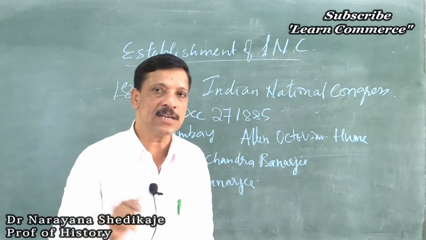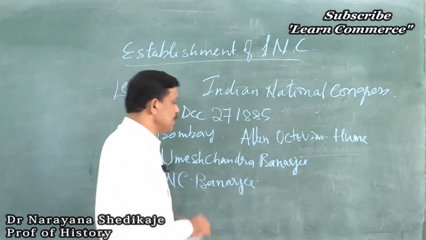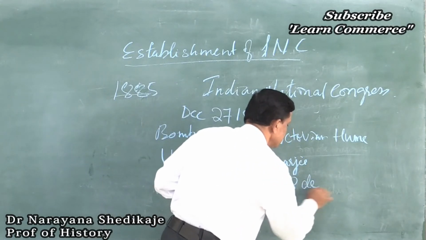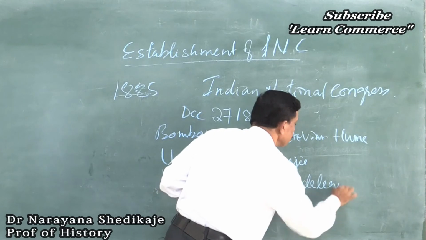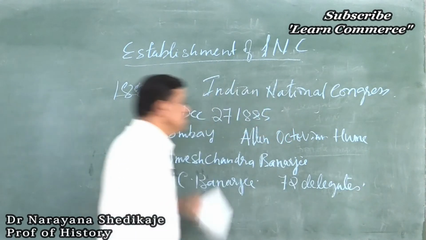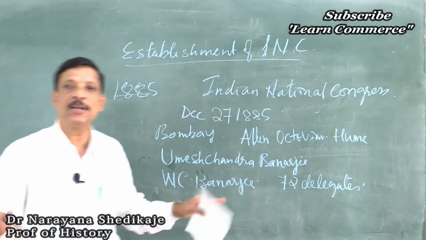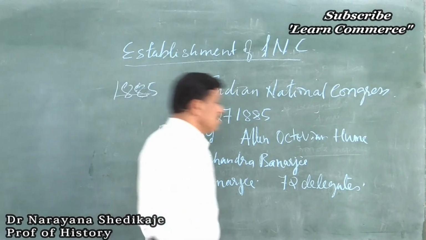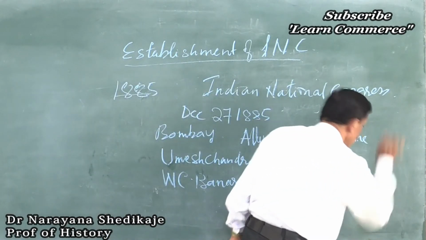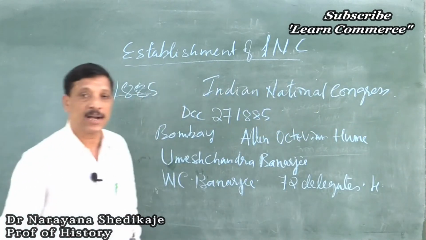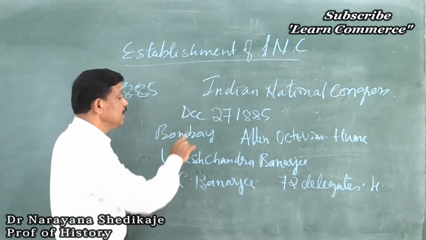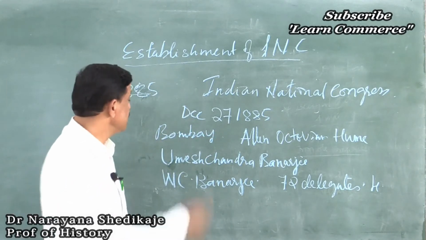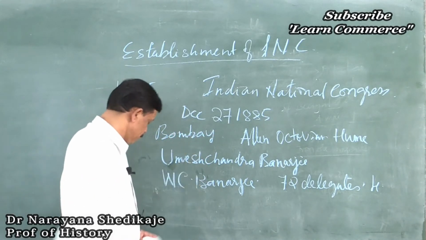In the initial stage, only 72 delegates, 72 representatives, attended from different parts of India. Among them, 4 members were from Karnataka, and they participated in the first session of the Indian National Congress, which was held at Bombay.